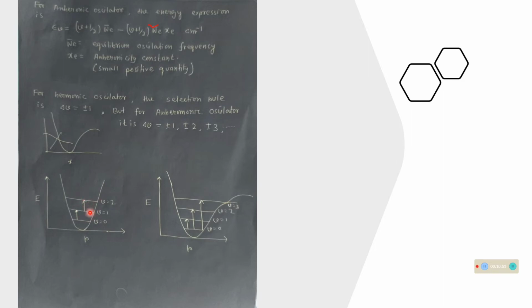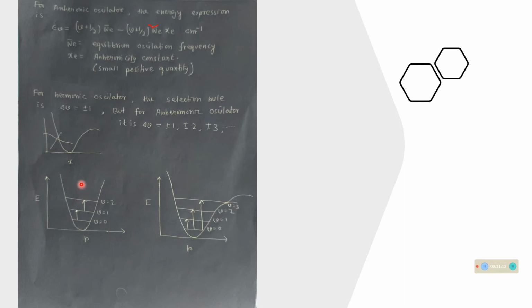These two energy levels are consecutive. So for the harmonic oscillator model, the transition is possible only between two consecutive energy states, meaning V equal to 0 to V equal to 1, V equal to 1 to V equal to 2. But V equal to 0 to V equal to 2 transition is not possible.